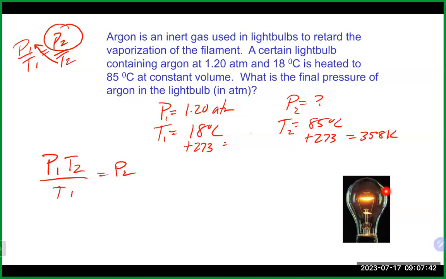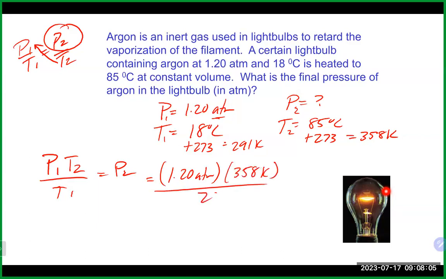In this case here, we'll end up with 358 and 291, I think. And now that we have that, our pressures in atmospheres just means that our answer will be in atmospheres when it's done. So putting in our numbers, our P1, 1.2 atmospheres, our T2, which is 358, and our T1, which is 291.